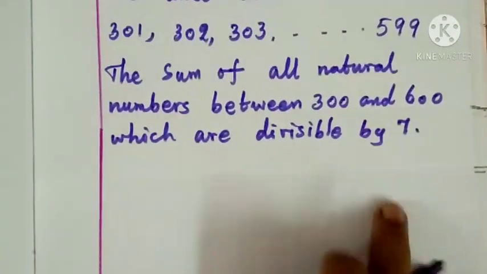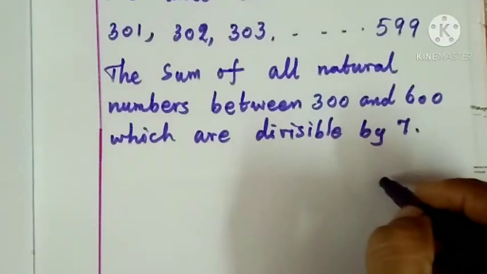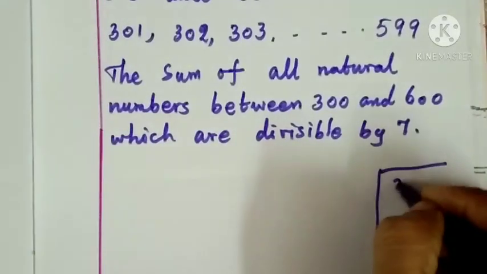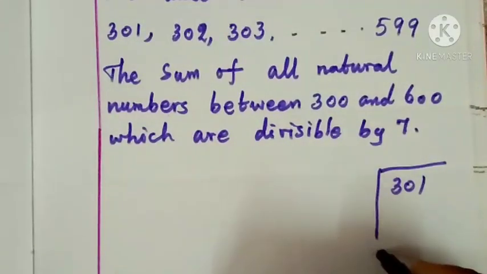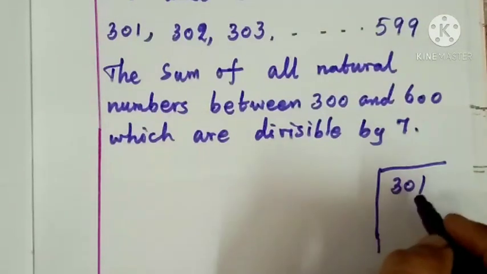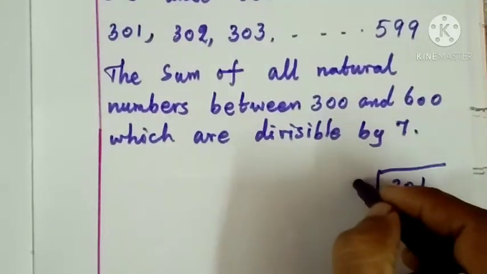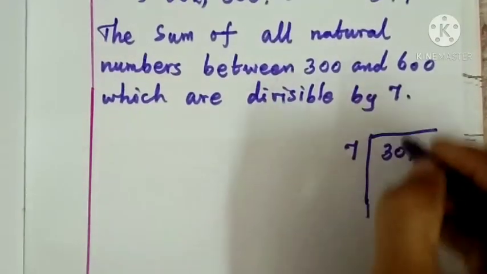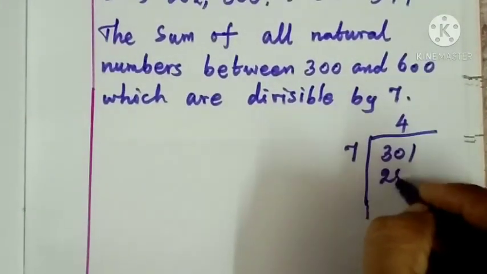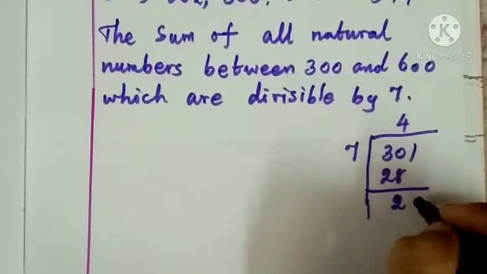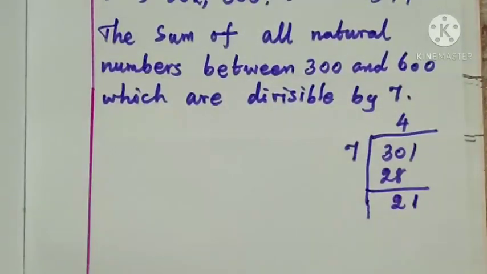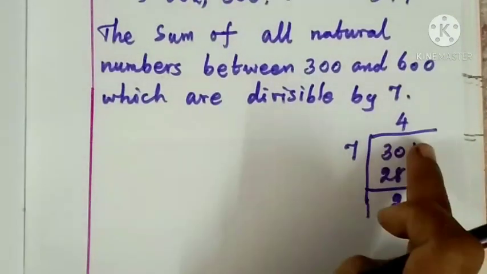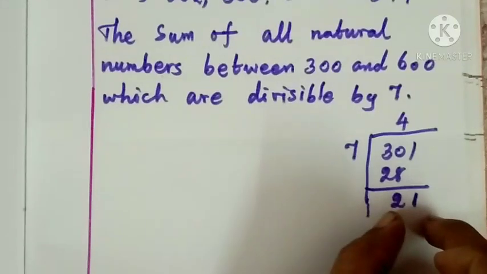For this, I will explain one method. See, the first number of this sequence is 301. Let us divide 301 by 7. 4 sevens are 28, remainder 2. Then you take down this 1, so we get 21.